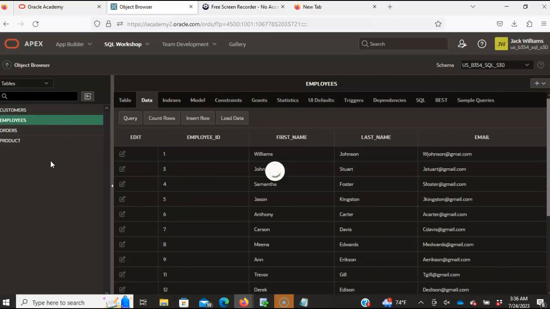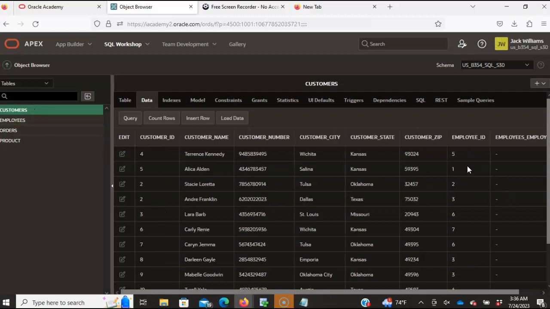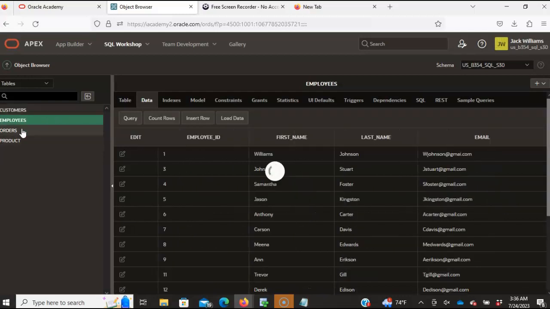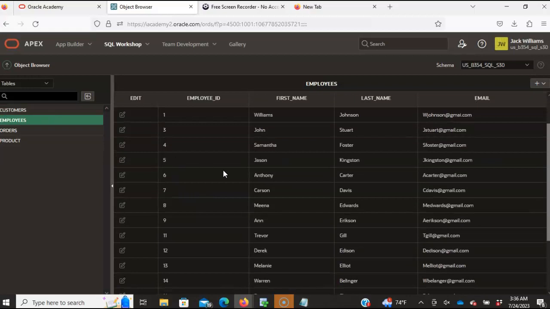So it's supposed to be the foreign key here to relate employee. You can see employee ID for Terrence Kennedy was 5, so number 5, Jason Kingston, would have been the salesperson for that.